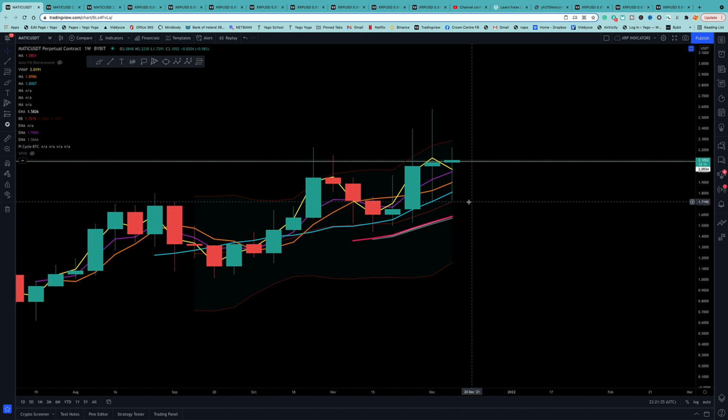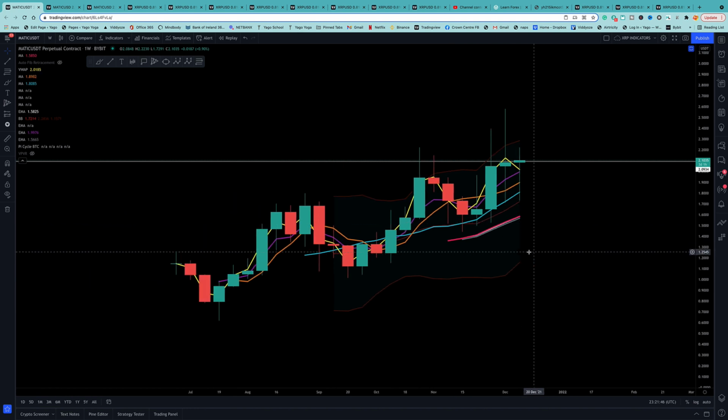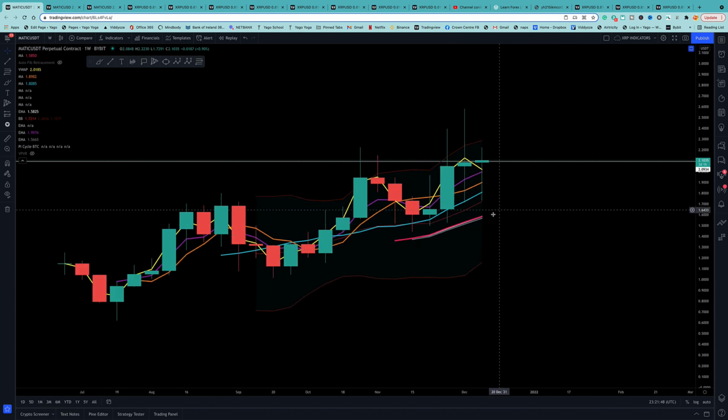So there's an argument to say that on the weekly, if you're going to get that breakthrough, this could be where the 20 becomes the support line. It can come down and nearly touch the 20 MA on the weekly, if it was going to do that double bottom, yeah.